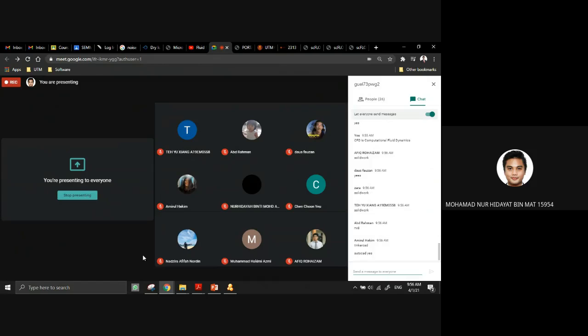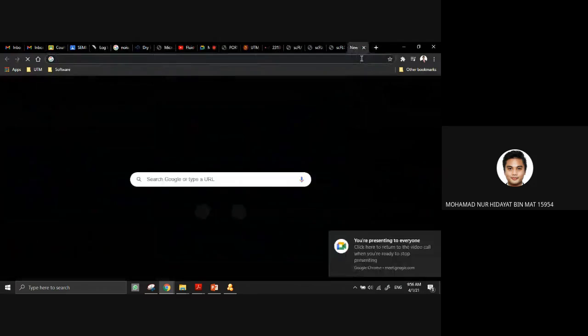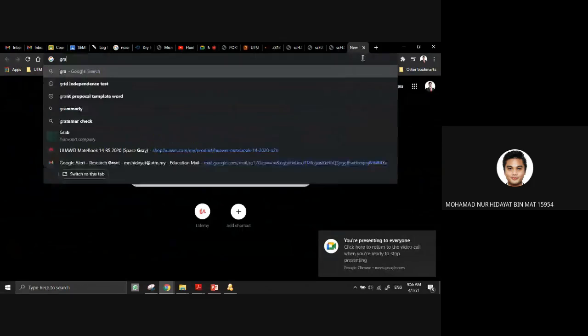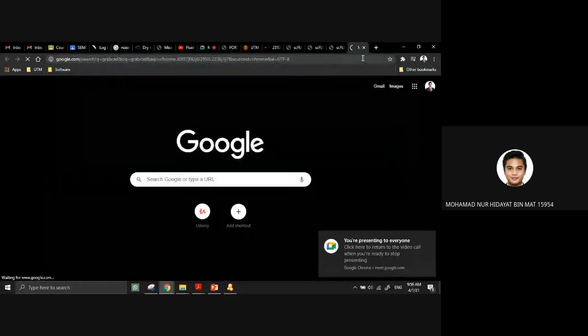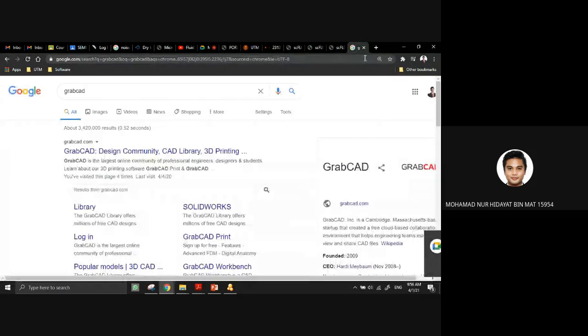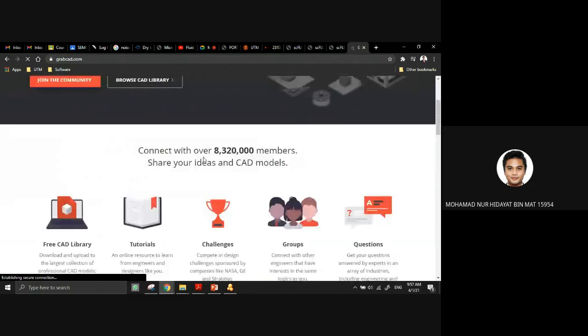However, for those kinds of models, for example, you can see GrabCAD. Okay, you search the website GrabCAD, you can see a lot of free models that you can download. Right? For example, like this.